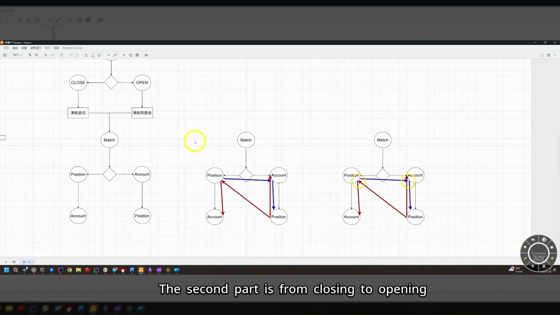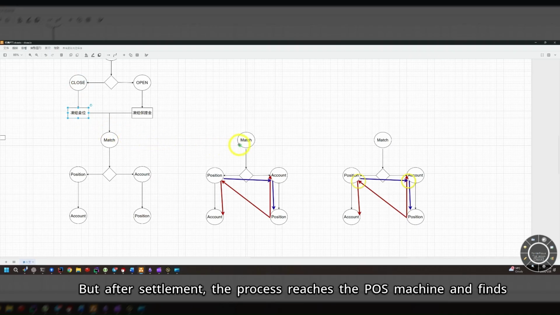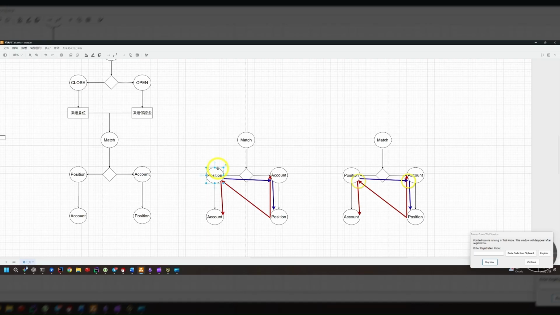The second part is from closing to opening. Initially, when closing, the position was pre-frozen. But after settlement, the process reaches the POS machine and finds that the original closing order has turned into an opening one. What should be done at this point?